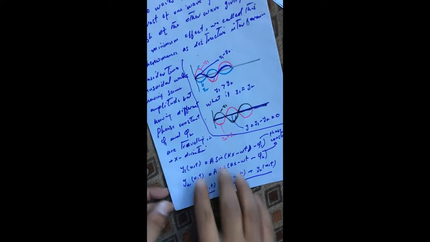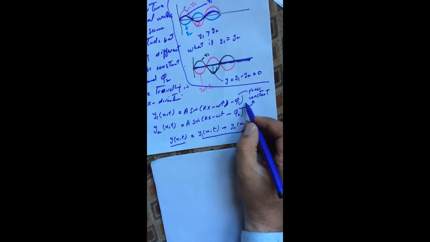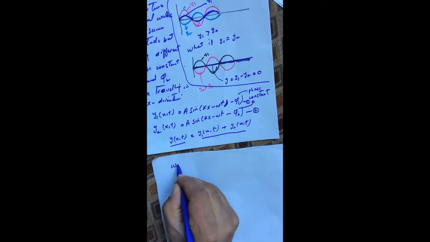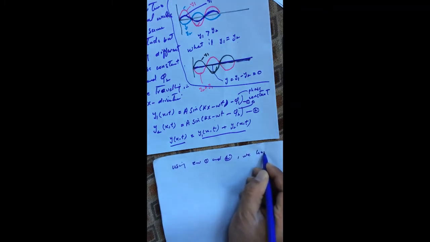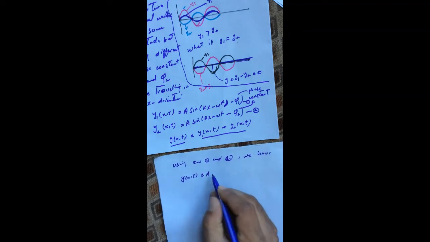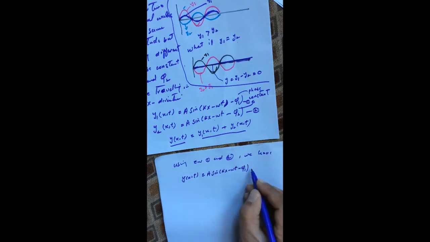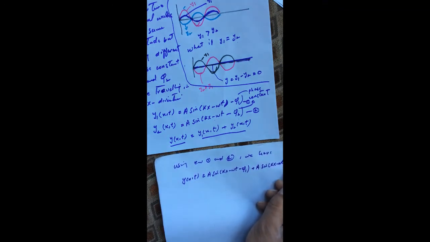Putting in the values of y1 and y2 from equations 1 and 2, we have y equal to a sine kx minus omega t minus phi1 plus a sine kx minus omega t minus phi2.